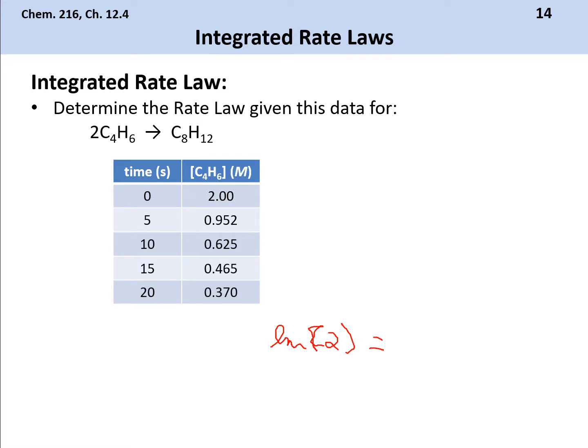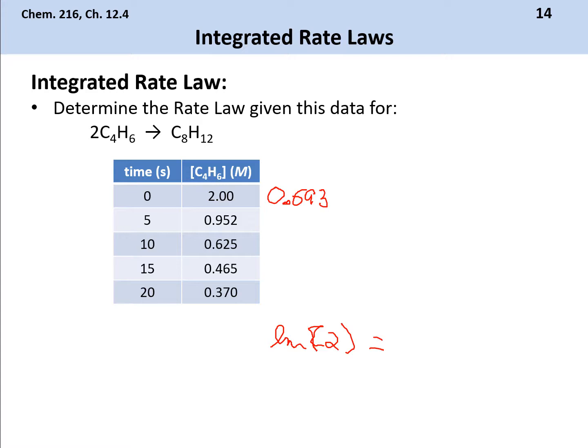So on my calculator, I would go 2, and then I would press this ln button, and that's going to give me my value, okay? 0.693. Okay. I can do the same thing with 0.952. I can take the ln of that, and I get my answer, negative 0.0492.